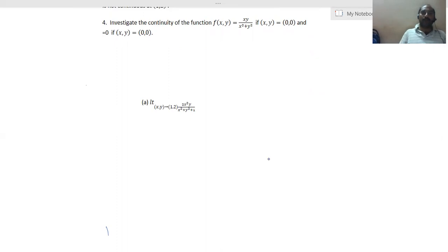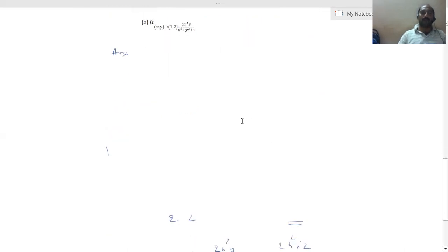Answer: the given function is 2x square y by x square plus y square plus 1. What about the x value? x tends to 1. What about the y value? y tends to 2. Here they provide x equal to 1 and y equal to 2.